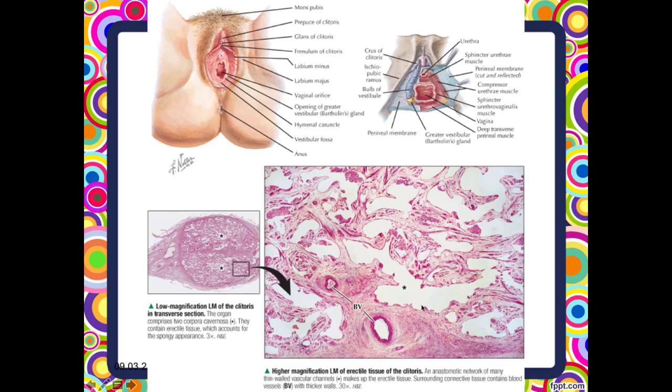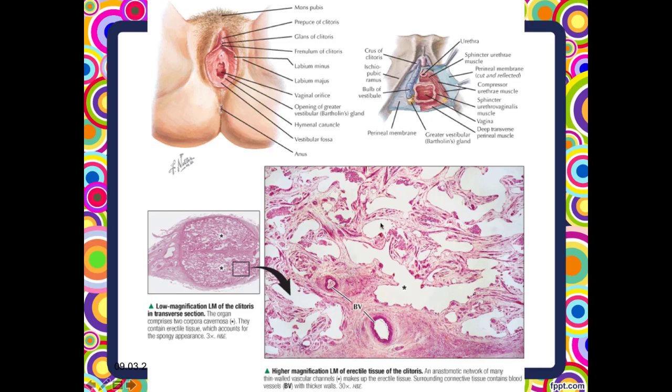So let's start with the clitoris. You can see that there is erectile tissue, but this tissue is not similar to the cavernous bodies of the penis.